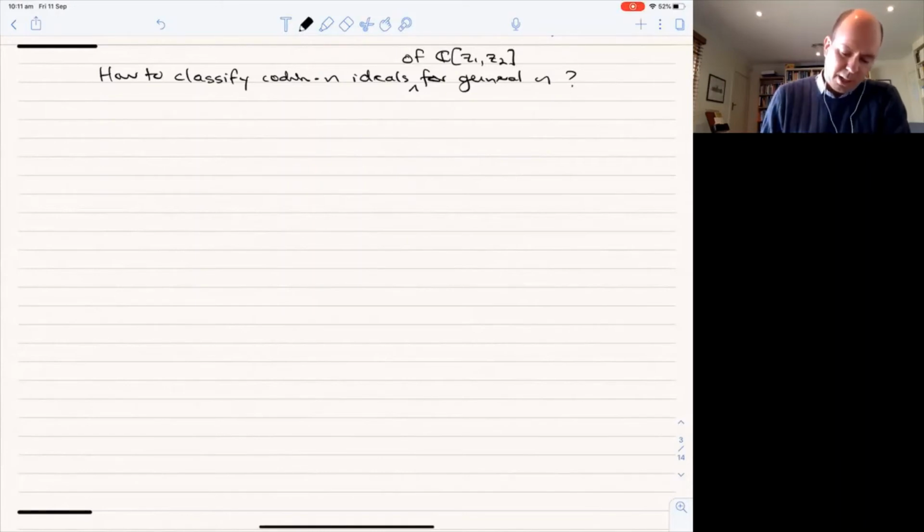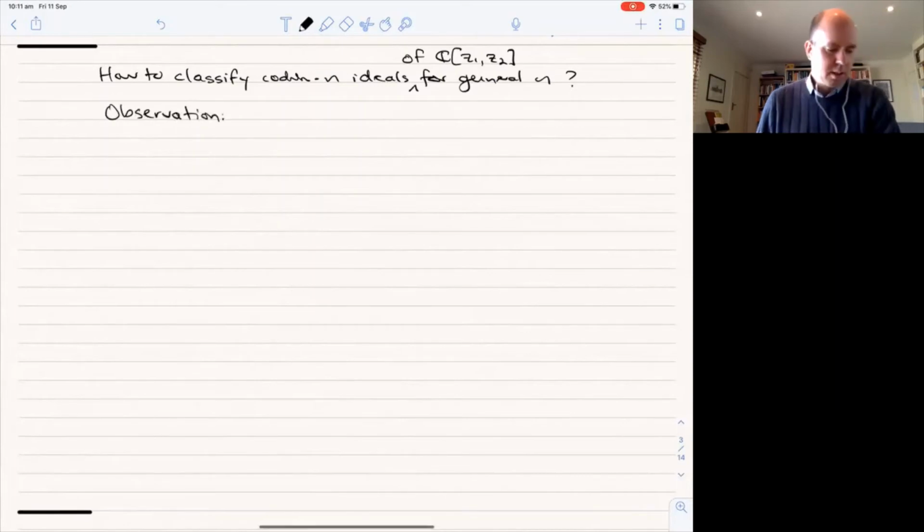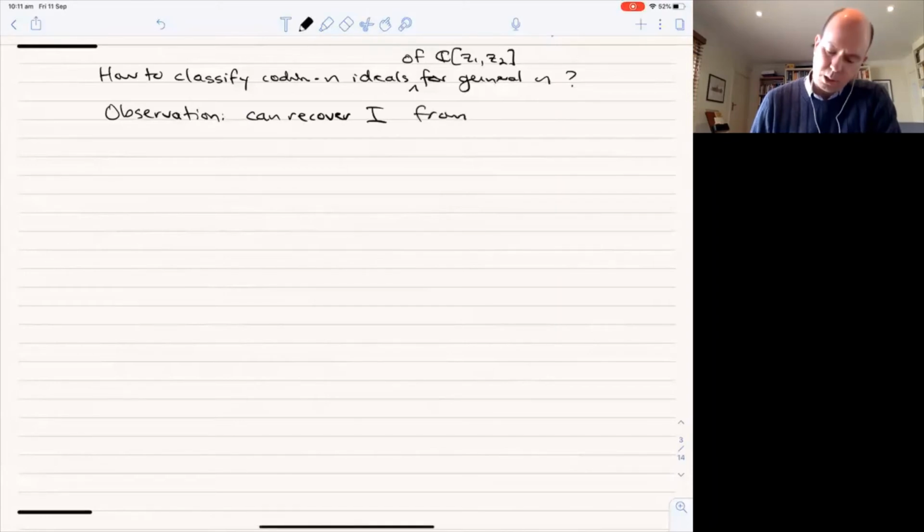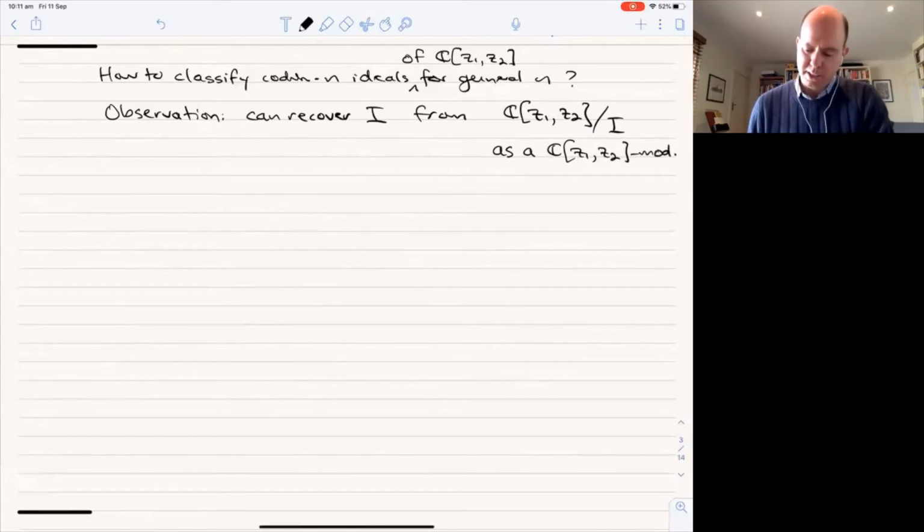There's this elementary observation that you can recover an ideal of a commutative ring like this from the quotient, just regarded as a module over the ring of polynomials in two variables, because the ideal is the annihilator of this module.